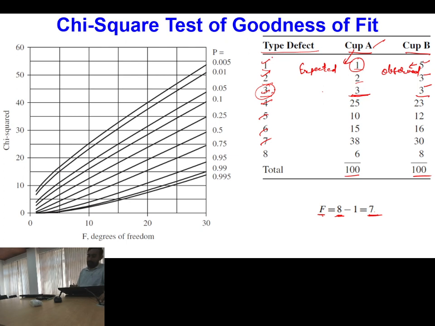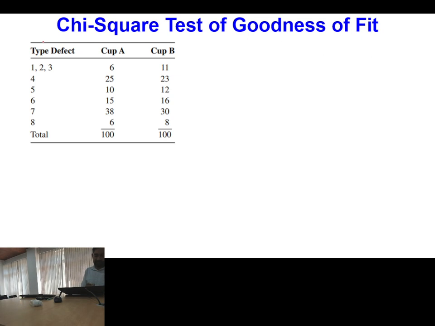So what you can do is combine all these 3 types of defects together as defects 1, 2, 3, and then your total number of measurements in the first sample becomes 6 and in the second sample it becomes 11. Likewise you can combine this data to get a new data set. In this new data set all the individual cell values are above 5. If they are above 5, you will get good statistical accuracy. Otherwise your accuracy in the statistical analysis may not be proper.